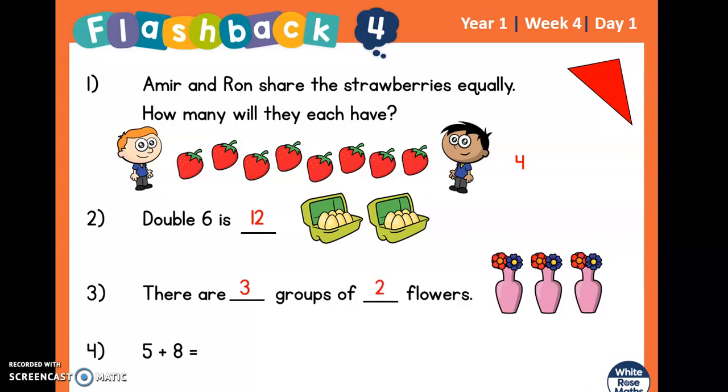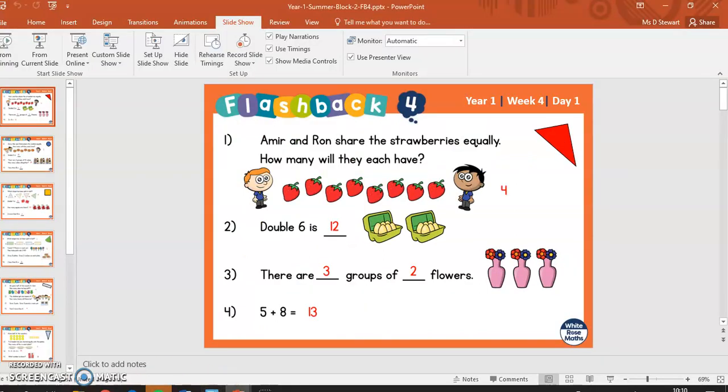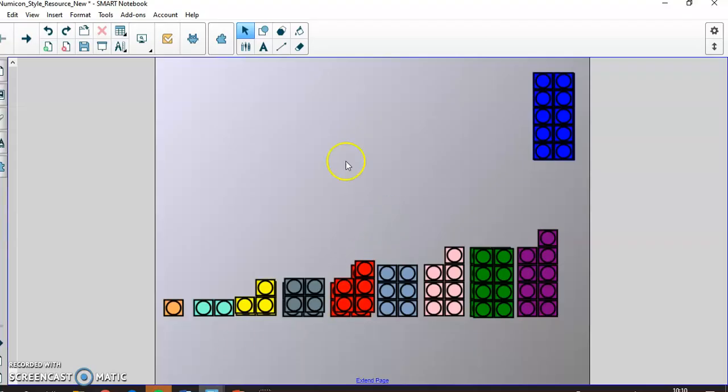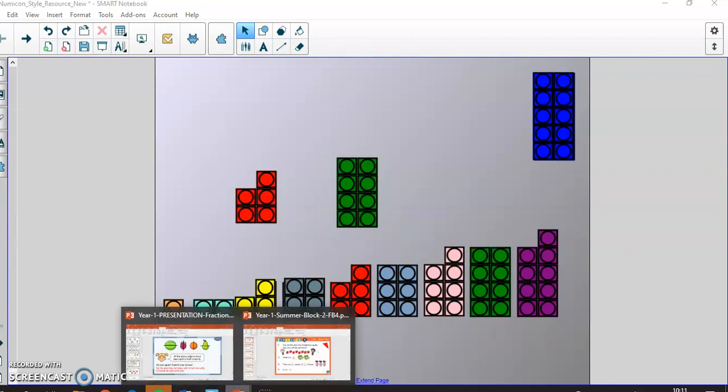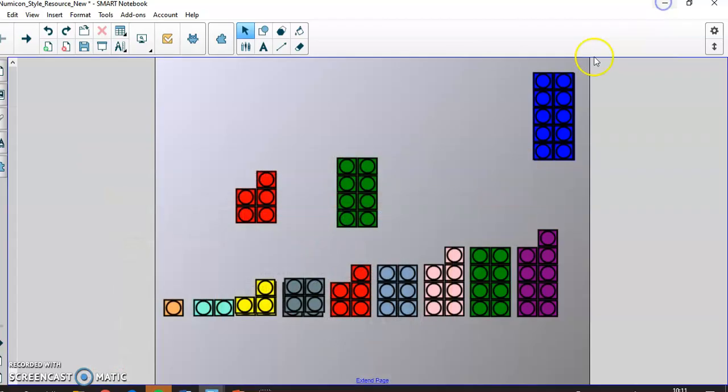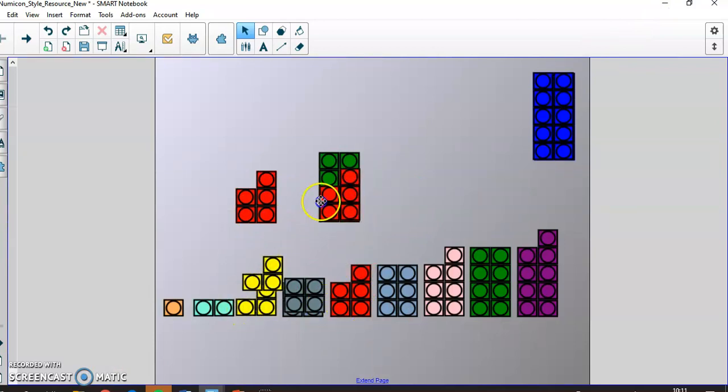And last of all, think about how you might solve 5 plus 8. And you would be right if you said 13. And we'll have a little look at that using some of the Numicon. So if we have a look, make sure I've still remembered the question correctly, 5 plus 8 I have. Now we can think about our 8 as being the same as a 5 and a 3.